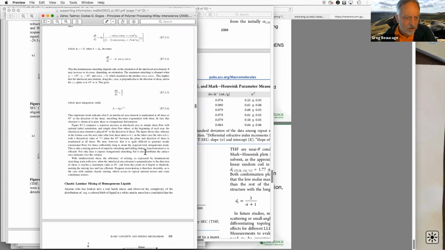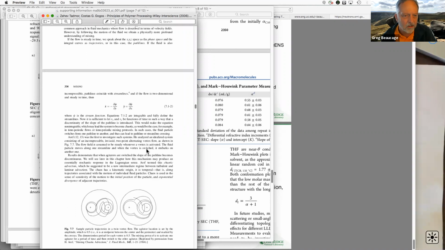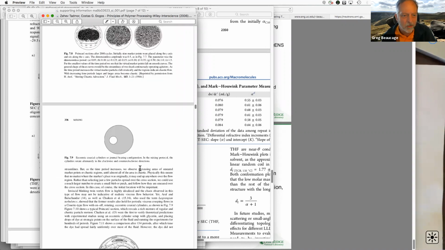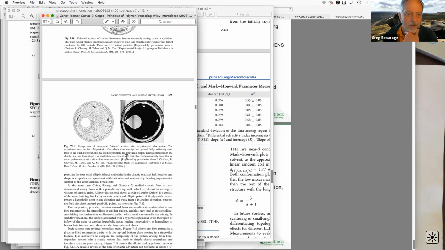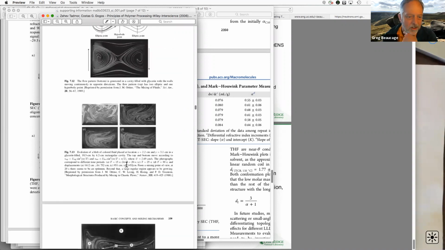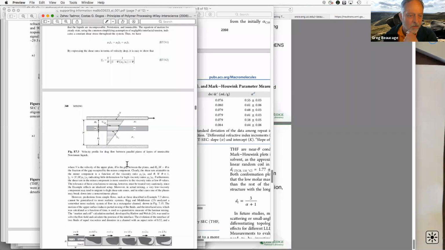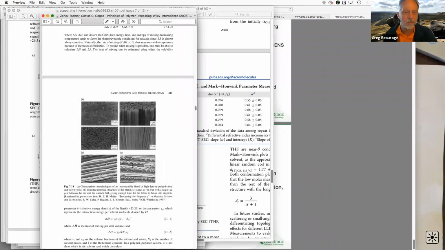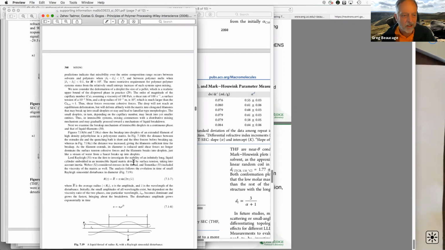This is a pretty good book, and the mixing part is really good because they've studied Brabender mixers and look at the cross section through an extruder, what the cross section of the mixing zones are. It's worth taking a look at if you're working in the polymer field, in extrusion or any kind of processing application.